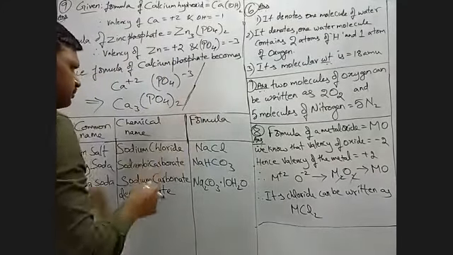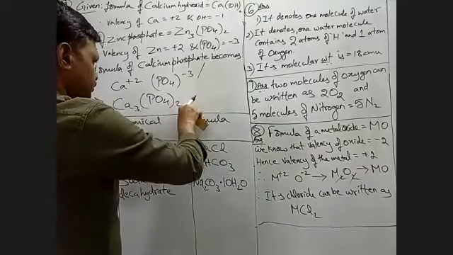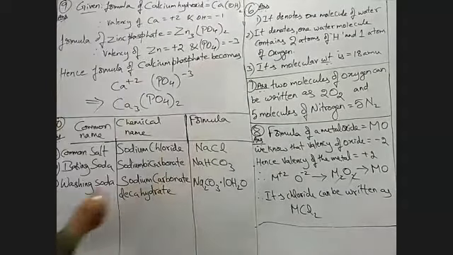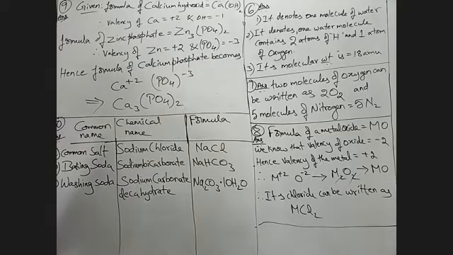And next one. Right. Next, D. What is given for D? D is vinegar. Vinegar.